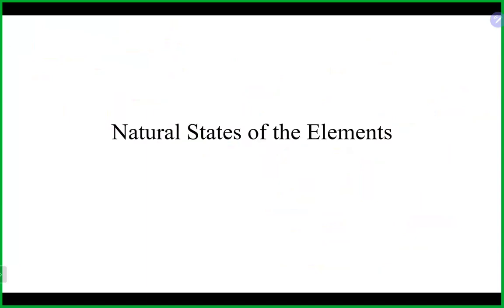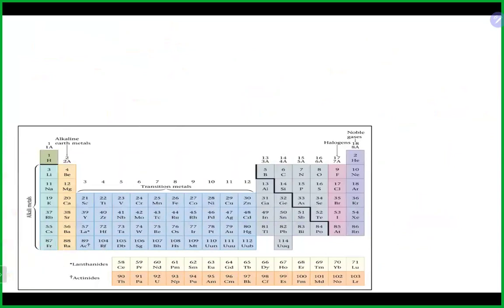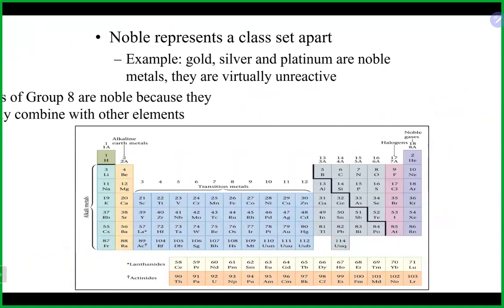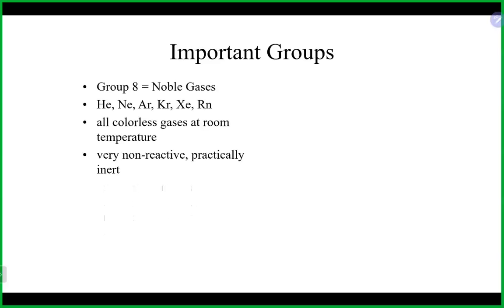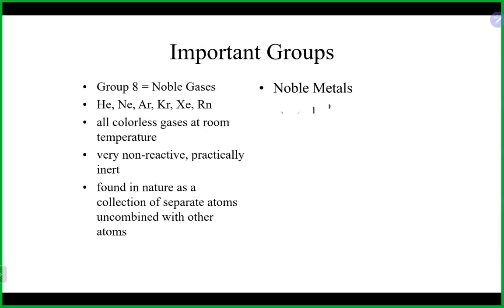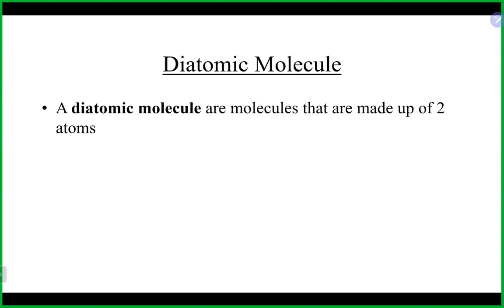Then let's continue on with this chapter here. We talked about the noble gases there, I think, so let's continue through that. Something else we touched upon when we were talking about the periodic table last time is diatomic molecules. Diatomic molecules are molecules that are basically made up of only two atoms.